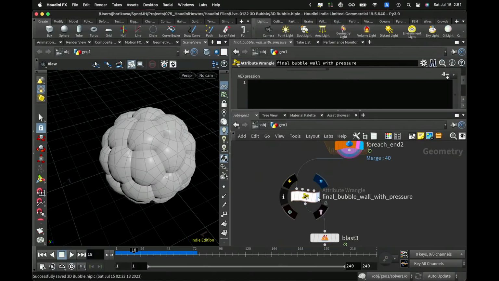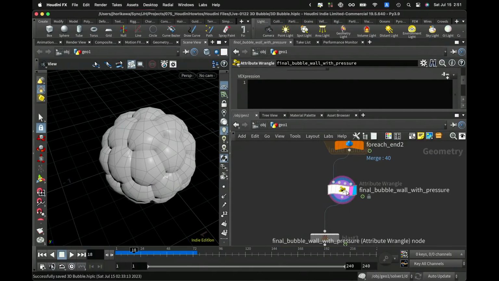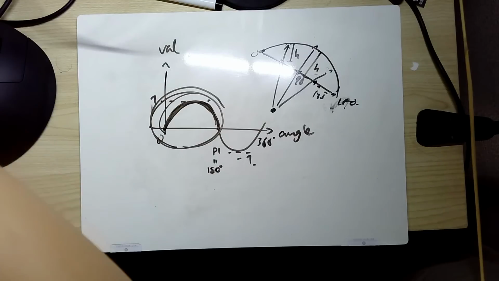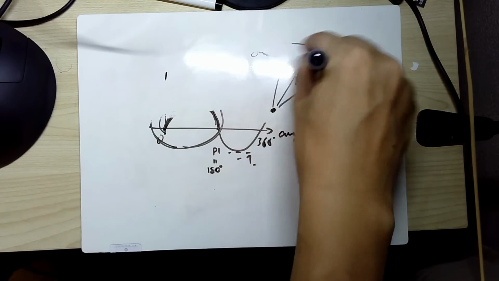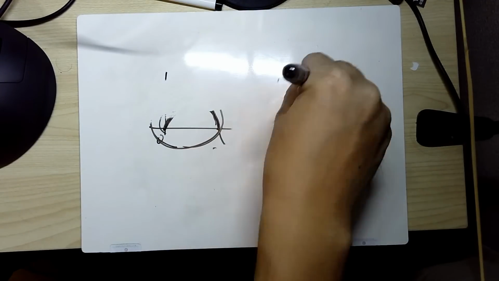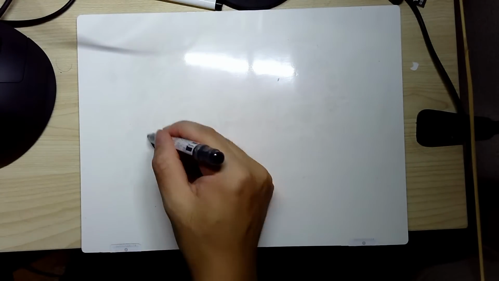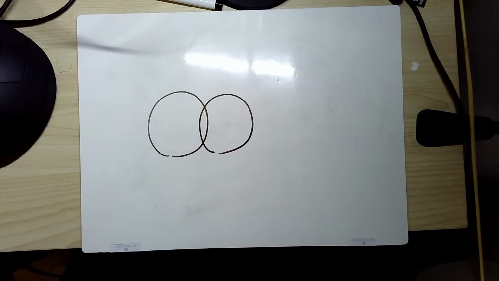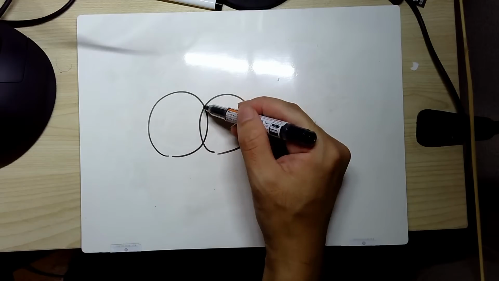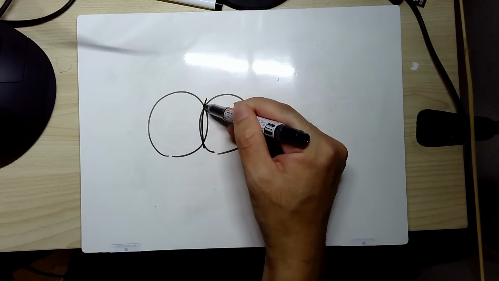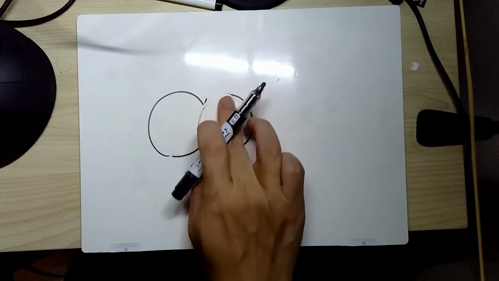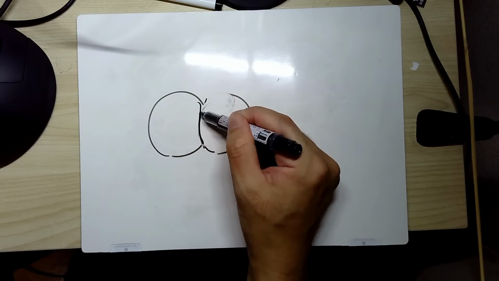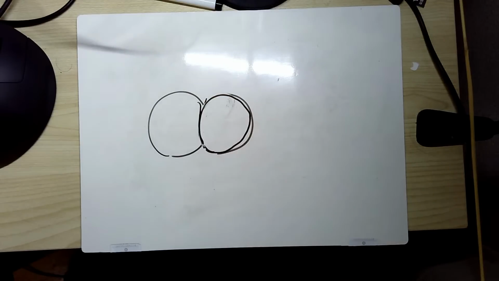So this is the final step, and what I need to do here is try to get the average. For example, you have two inflated cells, and somehow you want to create the inner wall to have the final bubble shape like this.